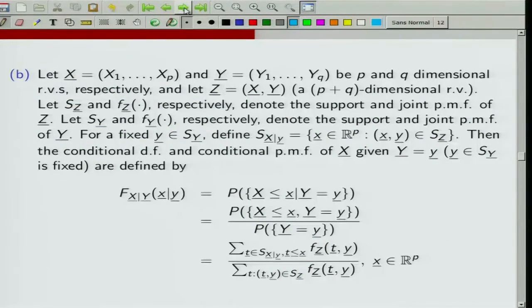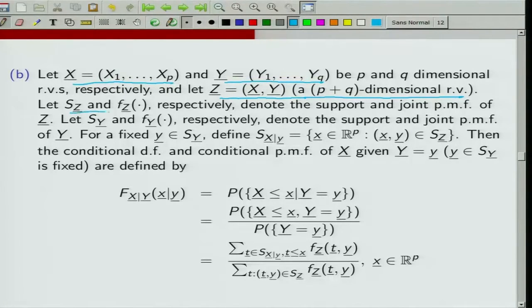Now, we will talk about the conditional distribution function of X when Y is given to be a fixed quantity, which just follows from the earlier definition. So, let X = (X1, X2, ..., Xp), Y = (Y1, Y2, ..., Yq), and suppose Z is X and Y taken together. So, it becomes a (p+q)-dimensional random variable.